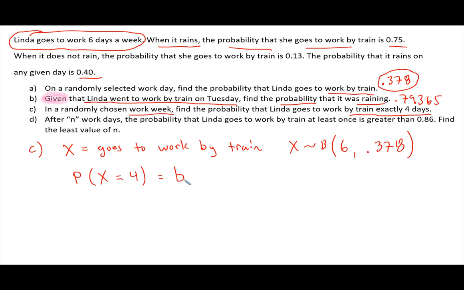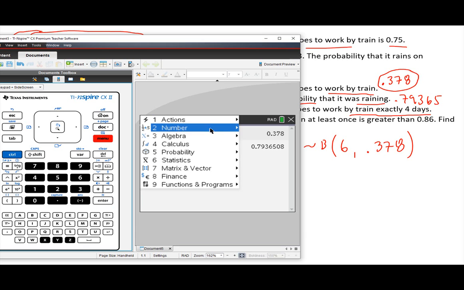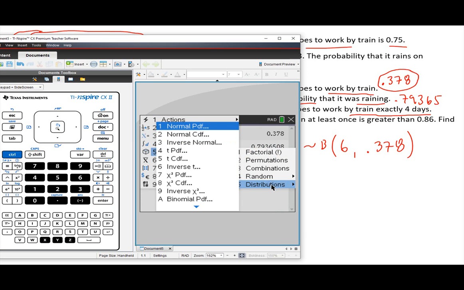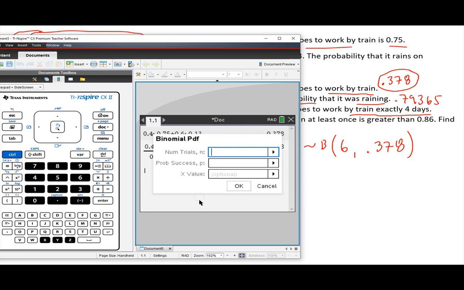Okay, so we're going to use a binomial PDF. So menu, probability, distributions, binomial PDF. So trials is 6, success probability 0.378, and X value is 4.